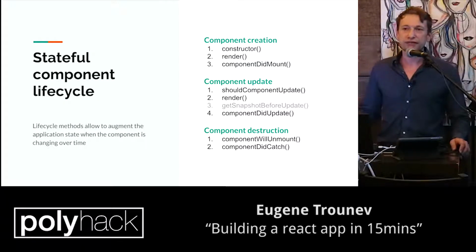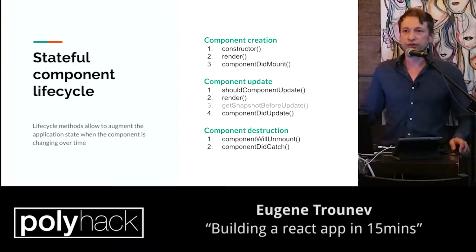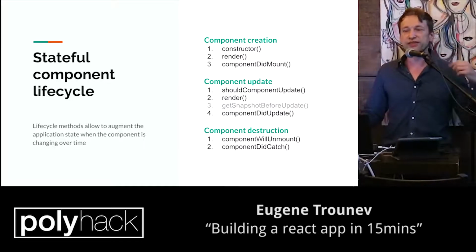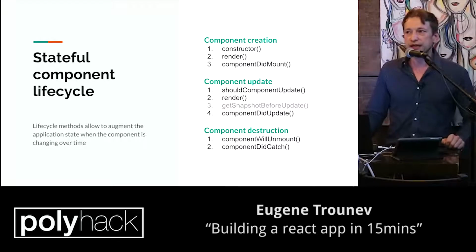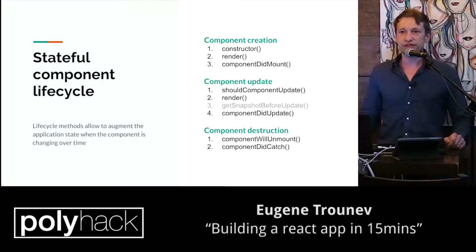And this particular part has four main areas. Should component update. This is basically a specific way for React to know whether or not it should re-render the component. This is where the so-called speed of React is coming from. And most of the time you should leave it alone unless your component is very complex. Then once again render. It's exactly the same render as in the first part.